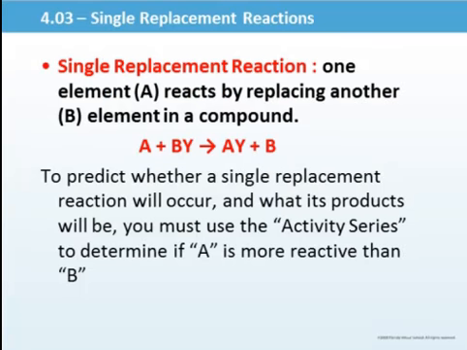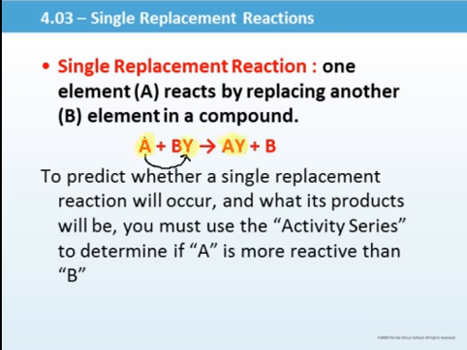Now we're going to move on to single replacement. Single replacement, though, is where we have an element and a compound. So instead of having 2 compounds, we have just an element by itself and a compound. What's going to happen is this first element, A, is going to try to replace B. It's going to try to kick out B. And A is going to try to form a compound with Y, just like we saw before.